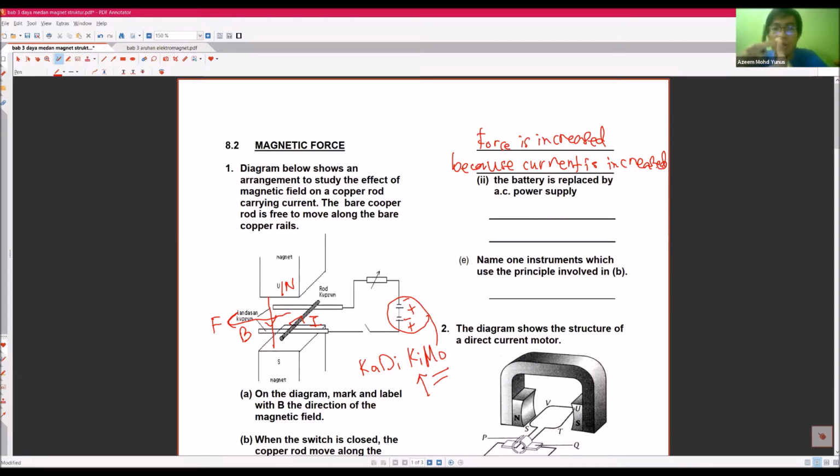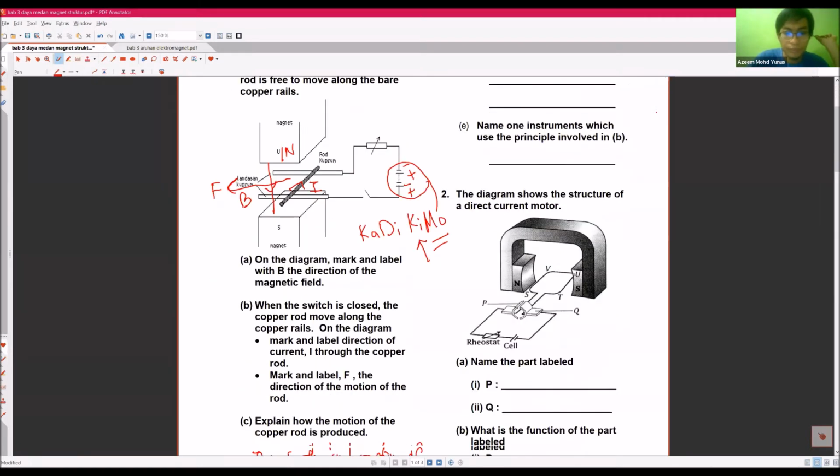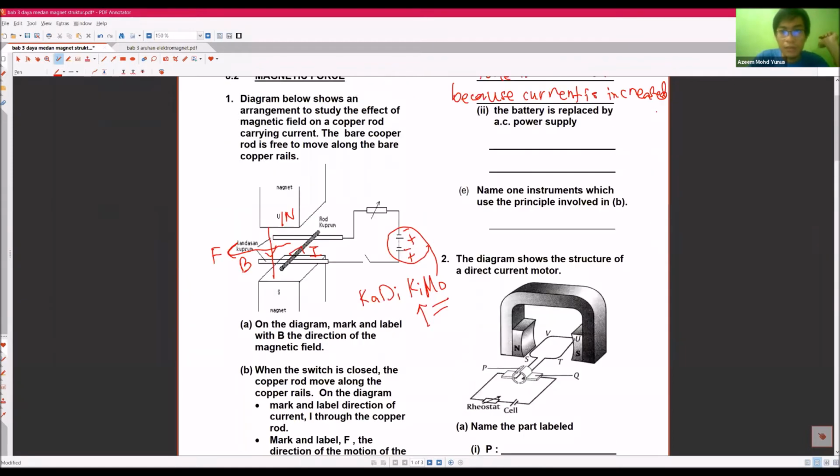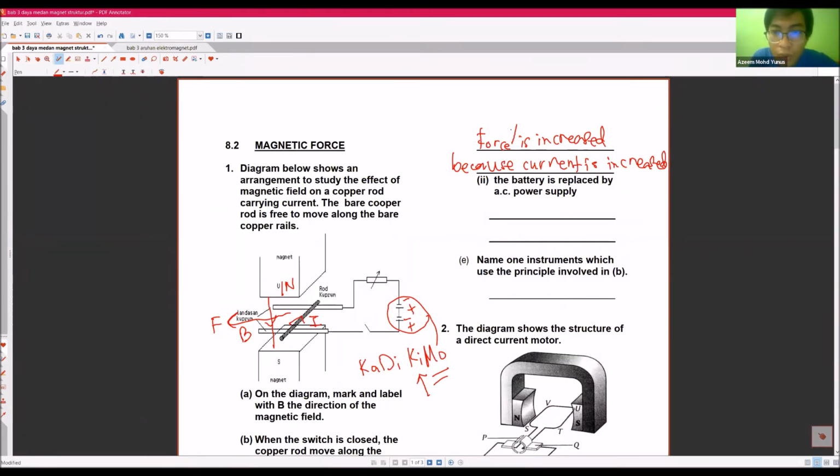Thus the magnitude of the force is bigger, so the rod should move further to the left, because the force is increased as the current is increased as well.